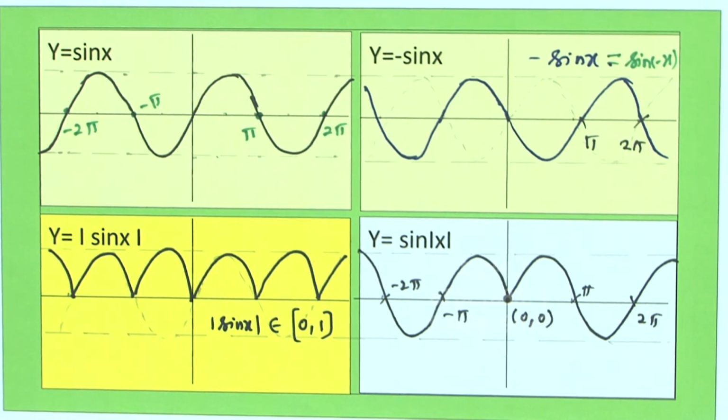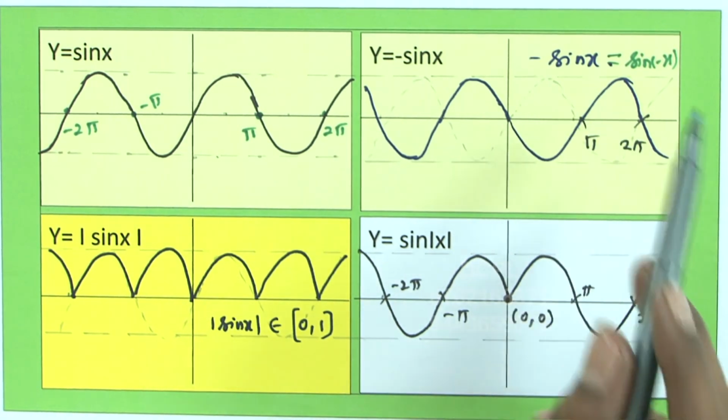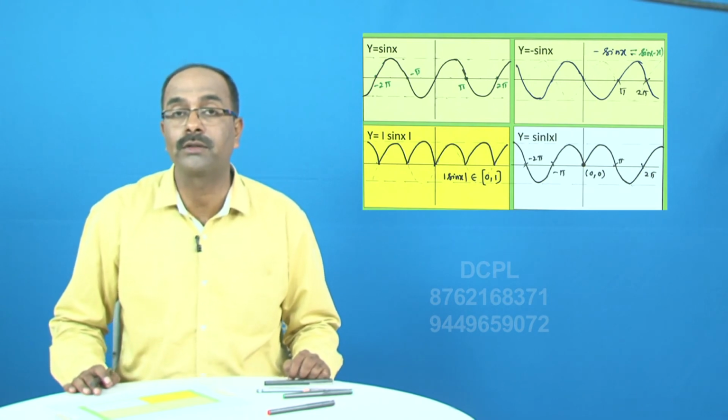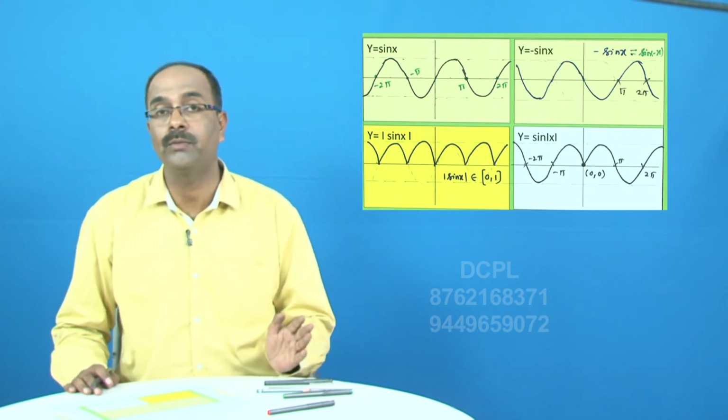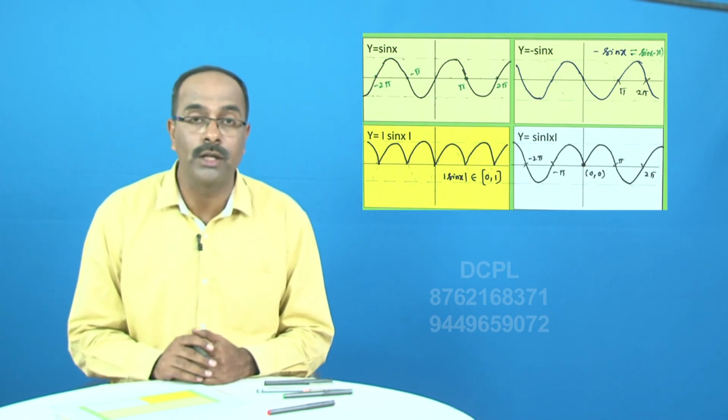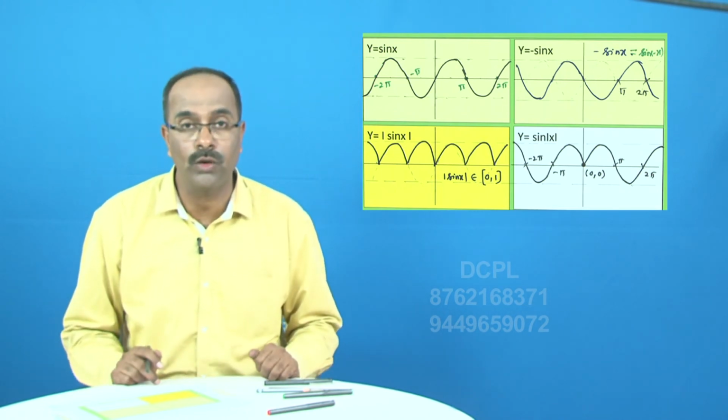Sin x and minus sin x ranges are one and the same, right? And even the domain and ranges of sin x and minus sin x are one and the same. Sin x and minus sin x, even sin of minus x also. I hope, dear students, you are understanding this, right? Sin x, minus sin x, sin mod x and mod sin x. Got it? Now let us discuss the inverse function. Before that, please make a note of this.